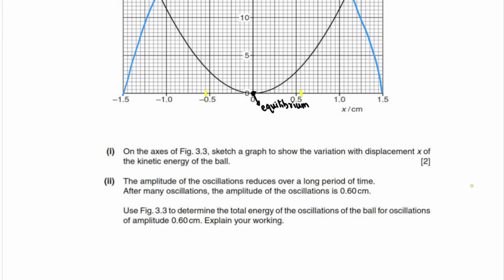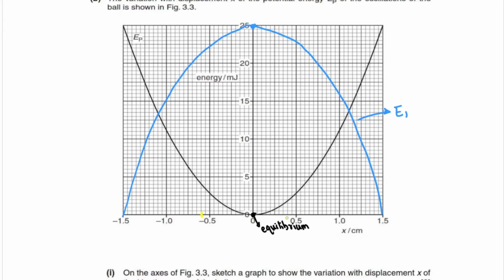All right. From the graph, we can see that at a displacement of 0.6 centimeters from equilibrium on either side, the potential energy is 4 millijoules.